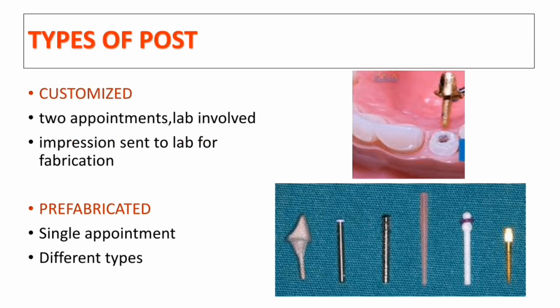The second type of post is the prefabricated post, which requires only a single appointment because there is no fabrication of the post; they are ready-made and we can use them. Now we'll talk about prefabricated types, because they are of different types.